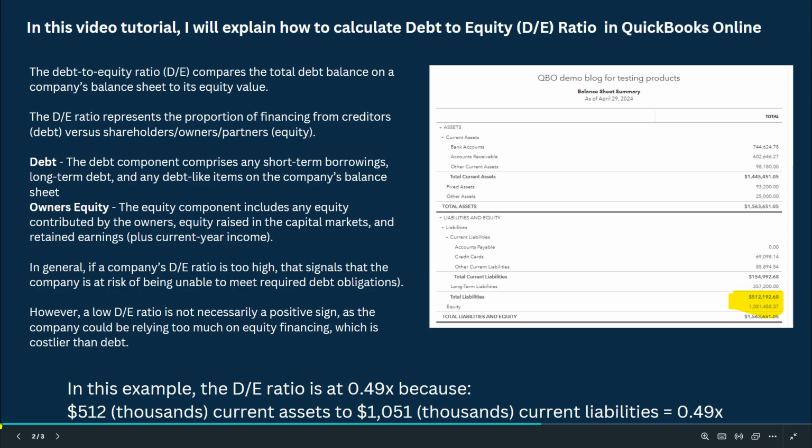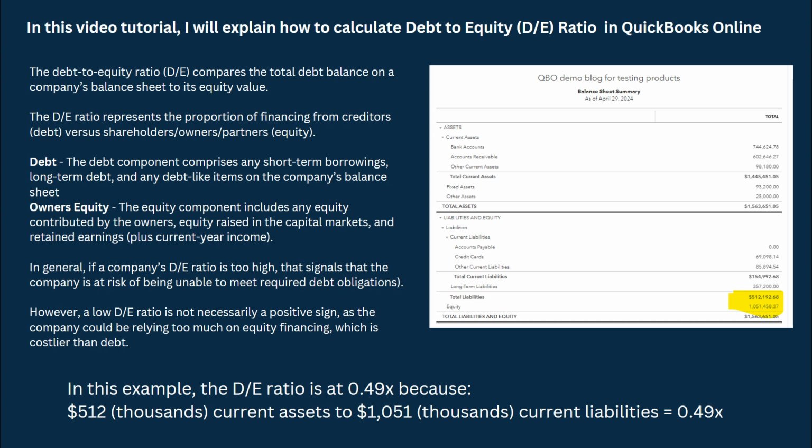Okay, so what is debt to equity, also known as DE ratio in the financial world? The debt to equity ratio compares your total debt. Total debt could be your long-term debt you borrowed for buying some equipment or a car, and short-term loans, like your credit cards and some other money you owe to the vendors.